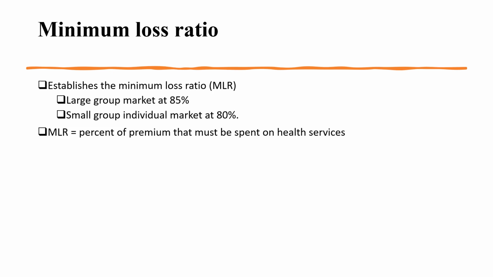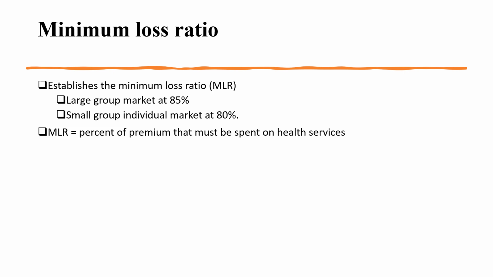Now, I didn't put quality in there at the end of that line, but I should have. So if the health insurance company collects $100,000 in premiums in the large group market, then they have to spend at least 85% of that, $85,000, on actual care, actually paying providers, or on quality initiatives.